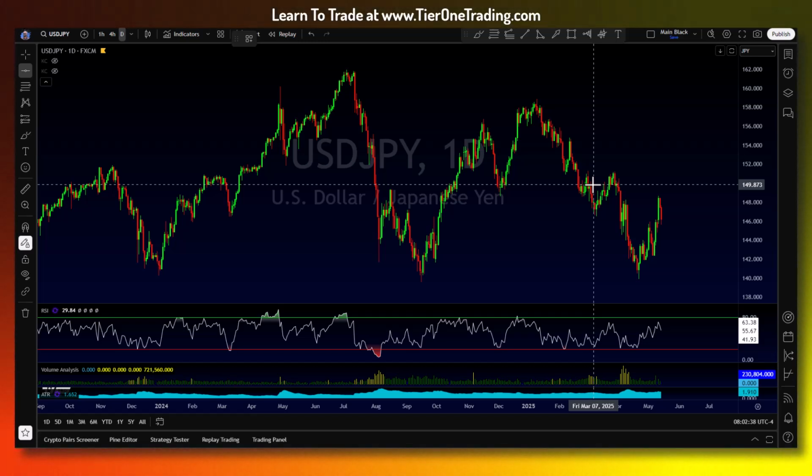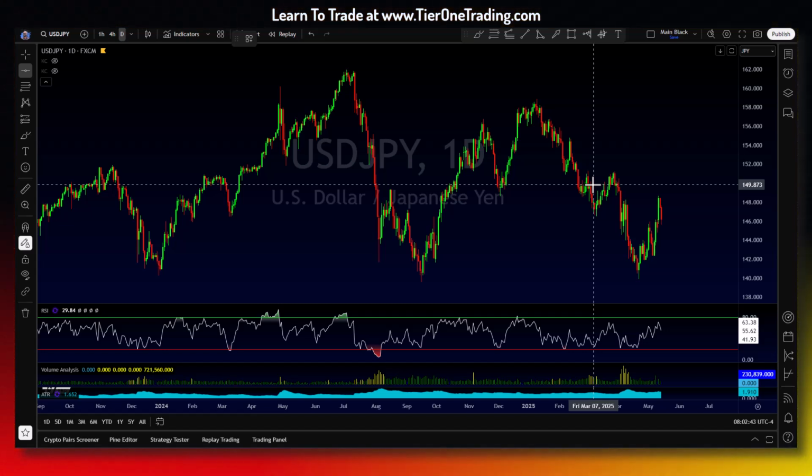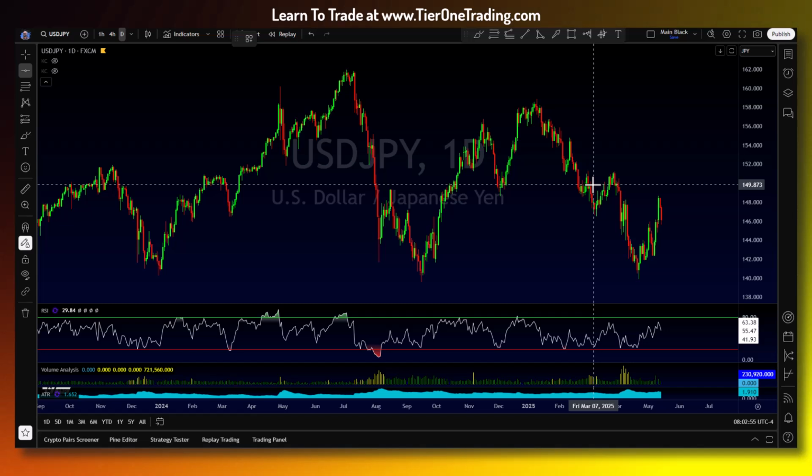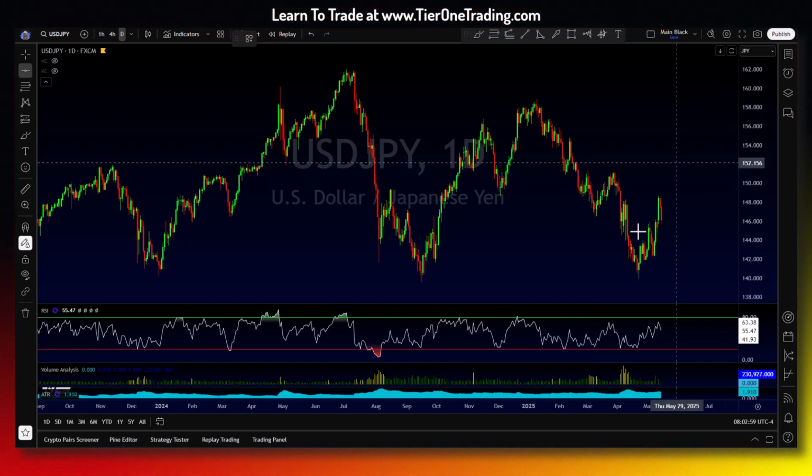But safe to say we're in a little bit of consolidation. We're just going sideways. Again, don't overcomplicate this. Just like we teach in the workshops, if price action is going from left to right, it's consolidation. If it's going from bottom left to top right, uptrend, top left to bottom right, downtrend, side to side, consolidation. So we're in a period of consolidation.